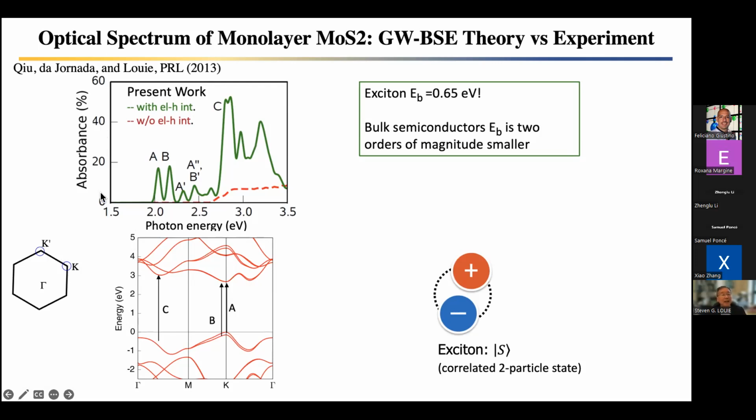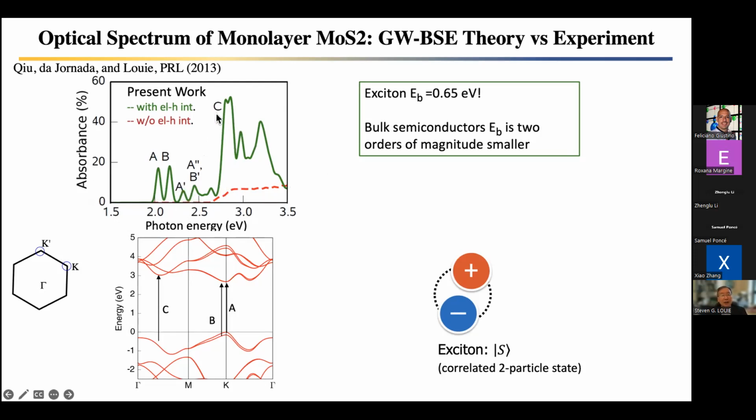The top here is the calculated absorbance as a function of photon frequency, done either neglecting electron-hole interaction or including it through solving the GW Bethe-Salpeter equation approach. And you see the dramatic difference between the two optical spectra, they're qualitatively different from each other.